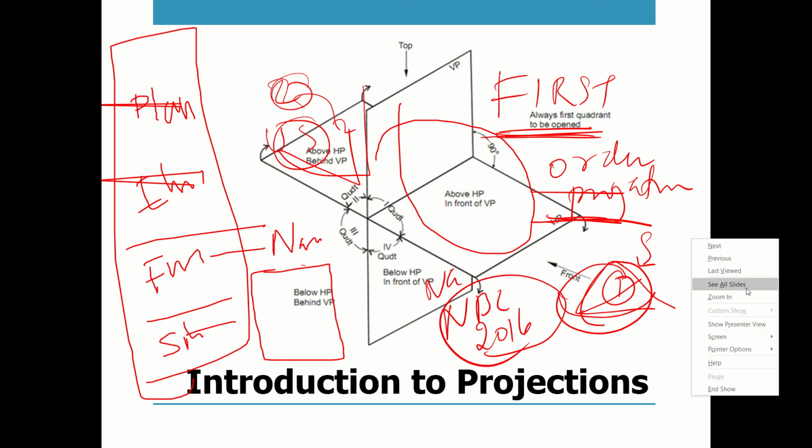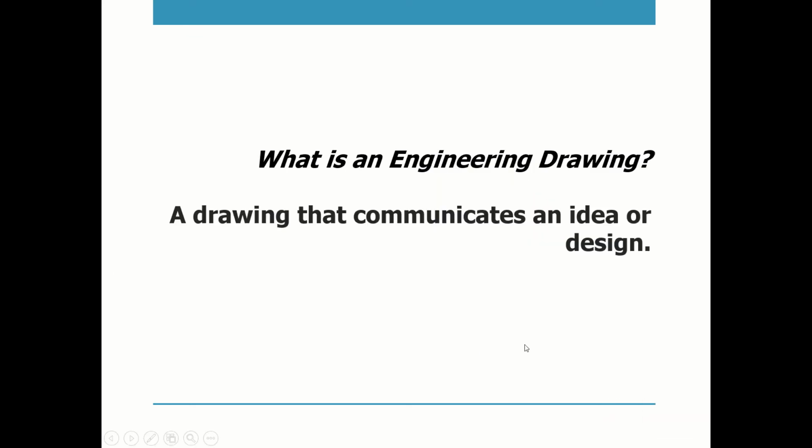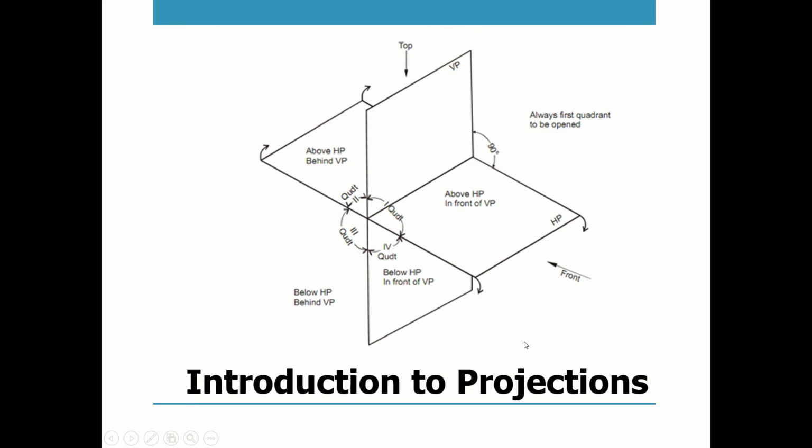So what are projections? We have not discussed what projections are. If you see an object, let me draw it here. Let's say this is a kind of cuboid, and we don't know where this object is located.